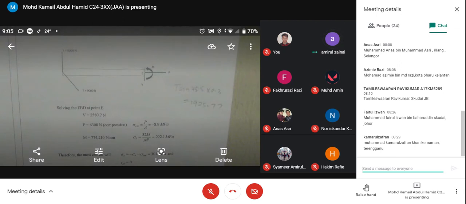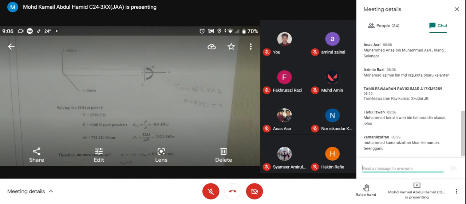Yes, round shaft, sebab kalau tak round dia tak ada D tu diameter. Okay, so this is for round shaft, dia punya cross sectional is round lah. Okay, bending moment, this is positive.